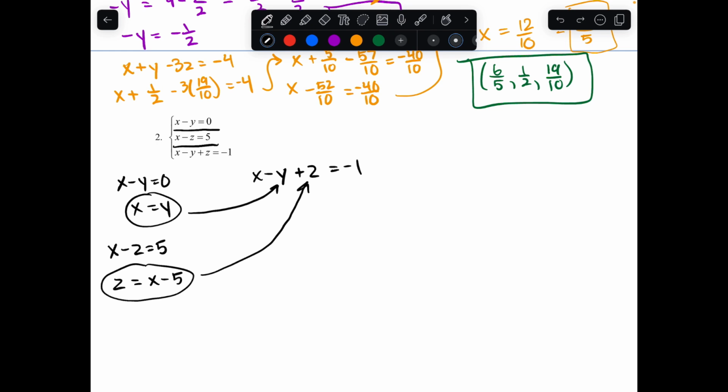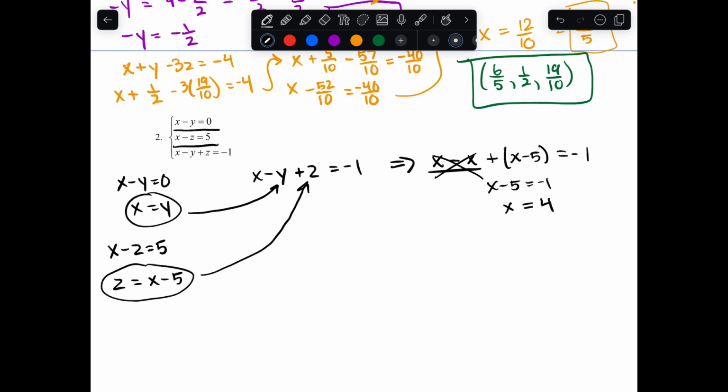So this becomes x minus x plus x minus 5 is equal to -1. This x minus x is going to cancel out, and we're just left with x minus 5 is equal to -1. I'm going to add the 5 over, and so we get x is equal to 4.